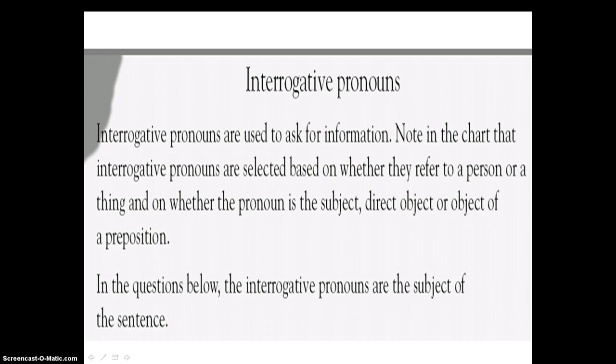They're selected based on whether they're talking about a person or a thing. Besides the person and the thing, it's important to know if it is a subject or a direct object. So it's very, very important.